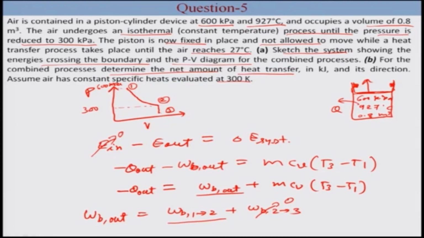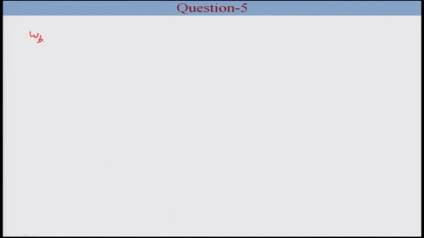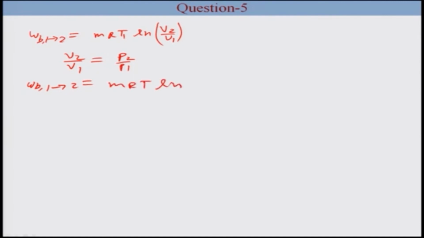So isothermal expansion work for an ideal gas will be m R T1 ln of V2 upon V1. But for isothermal process, V2 upon V1 equal to P1 upon P2. So from here W_b 1 to 2 will be m R T1 ln of P1 upon P2.